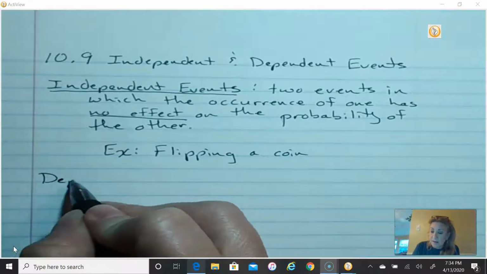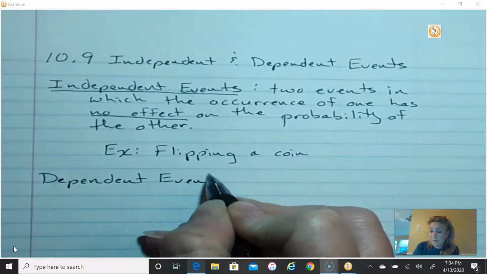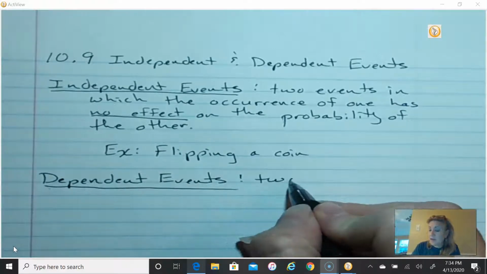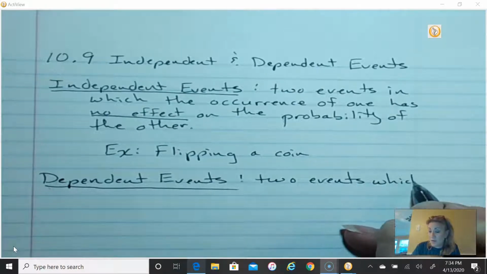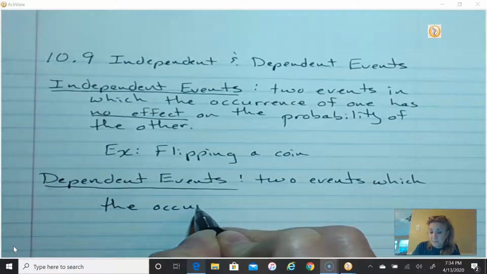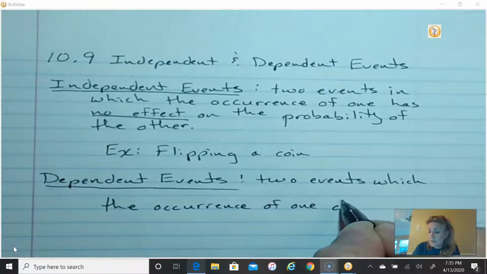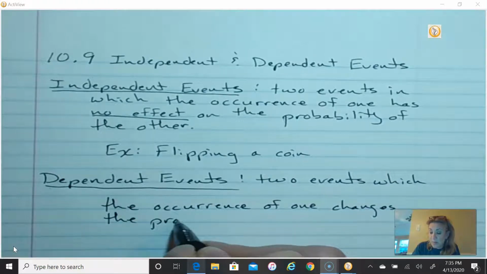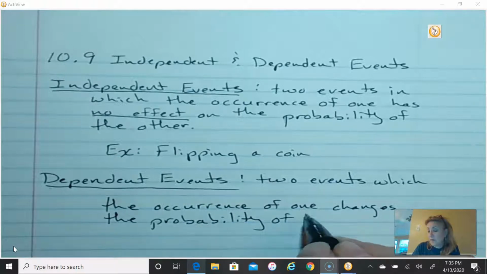All right, dependent events. They are two events in which the occurrence of one changes the probability of the other.